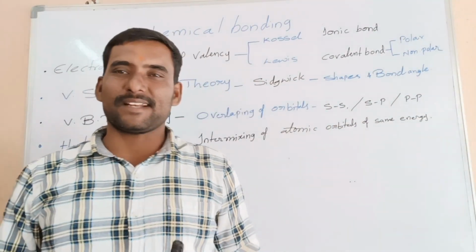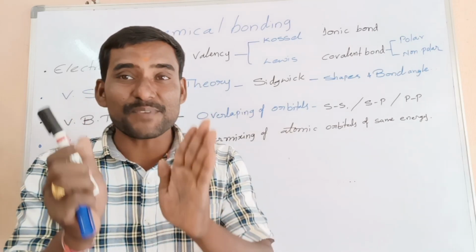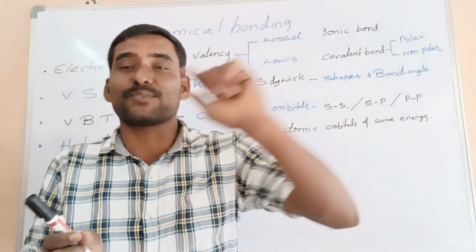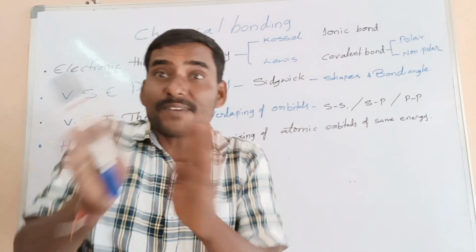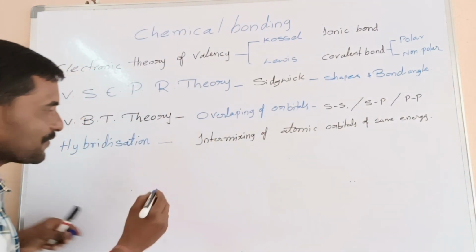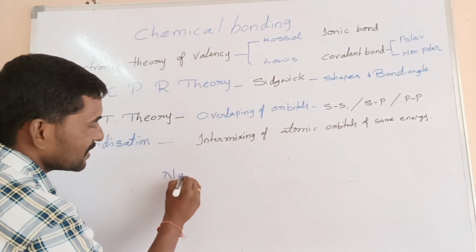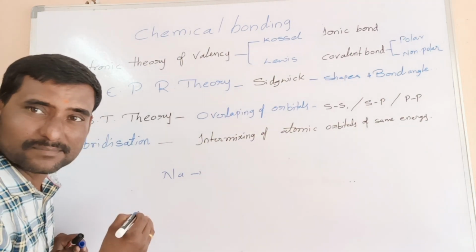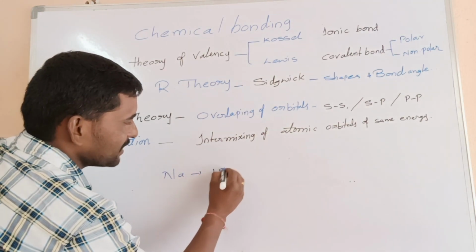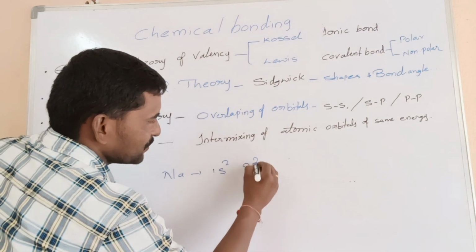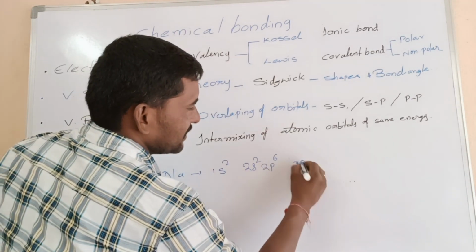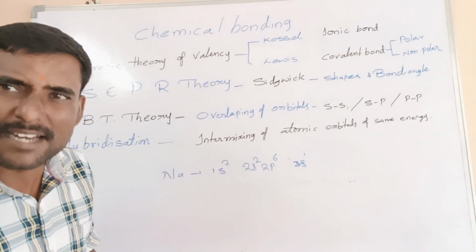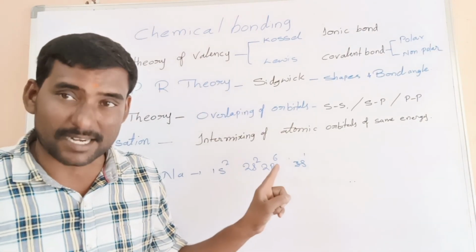The ionic bond means the transferring of electrons from one atom to another atom. For example, if you take sodium, the sodium configuration is 1s2, 2s2, 2p6 and 3s1. Valency electrons means the outermost shell electrons.